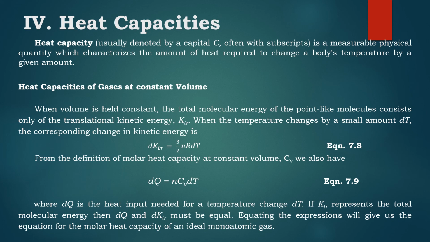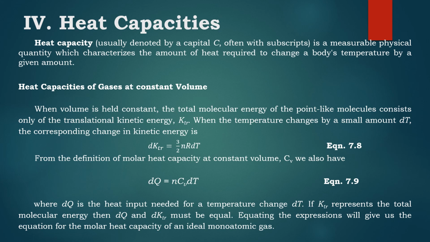Heat capacities of gases at constant volume. When volume is held constant, the total molecular energy of the point-like molecules consists only of the translational kinetic energy KTR. When the temperature changes by a small amount dT, the corresponding change in kinetic energy is dKTR equals 3 halves nR dT.